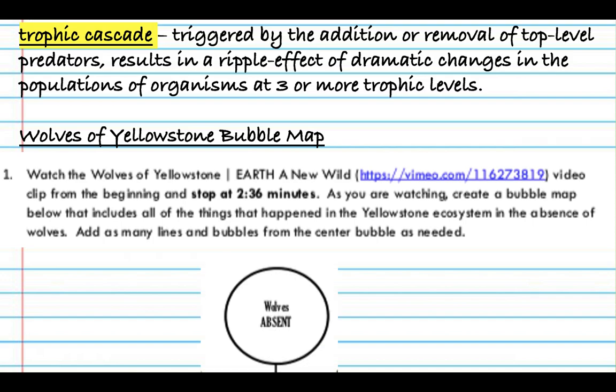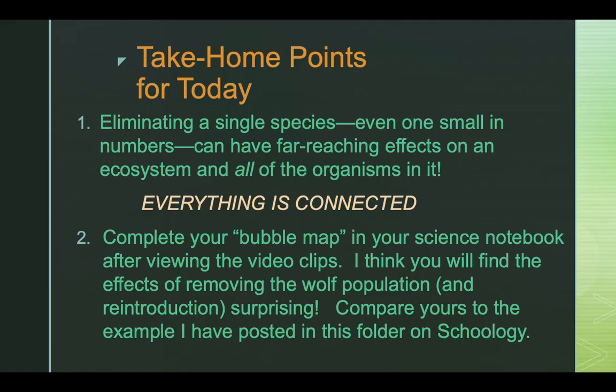I'd like you to draw a circle that says wolves absent, and then connecting to that, you're going to put all the different effects that you saw or heard about in the video resulting from the wolves being absent. You can have as many or few bubbles as you want. Some bubbles might have another one that comes off from that, so if something resulted in something else, but really there's no wrong way to do this. Okay? All right, enjoy the videos, guys.